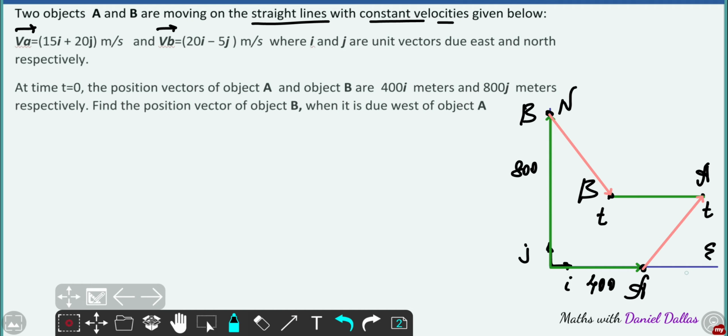Through time period t, this object will be here, and it looks fair because both components of vA are positive, so it goes in that direction. The same you can say about object B, because 20i is positive direction, and negative 5j is negative, so it goes somewhere here. Of course, the actual drawing probably needs to be something like this, but it doesn't matter. This is not to scale, and it just gives you an understanding of what's happening over time.